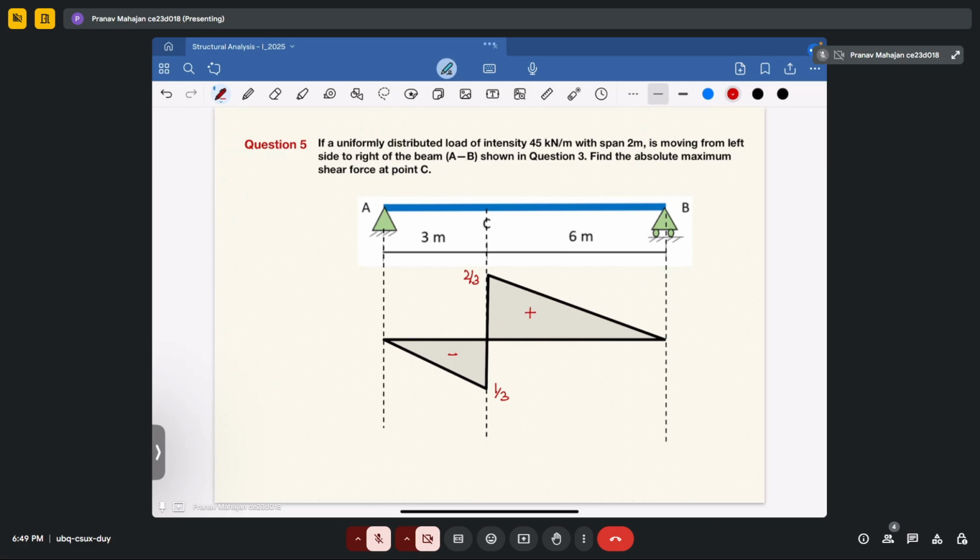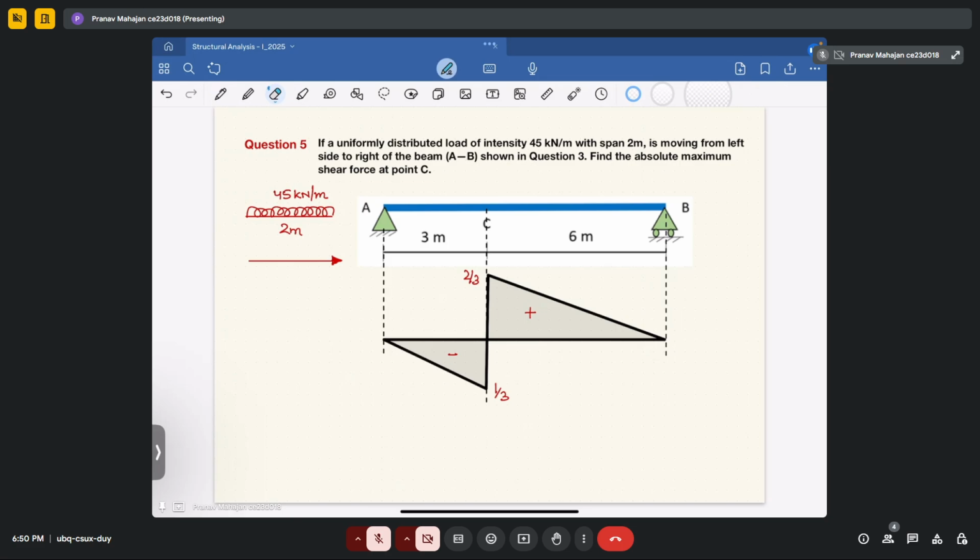So what we will do, we will first keep the whole section of this loading intensity. I will draw the loading intensity also. Suppose this is your loading intensity of 45 kilonewton per meter, and first I will keep this on the right hand side of the beam, that means in this region, and then I will keep that on the left side of the negative region, because I am not worried about the sign.